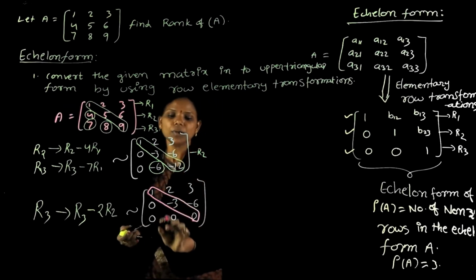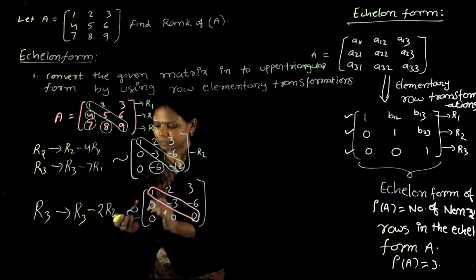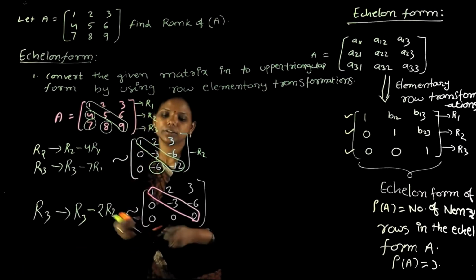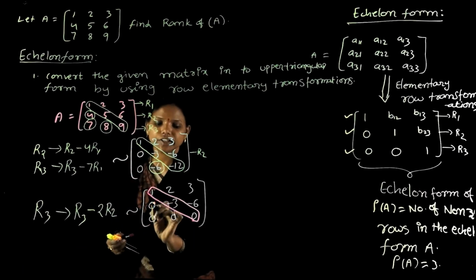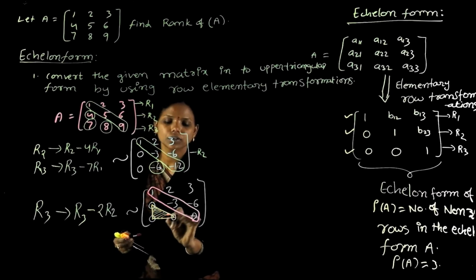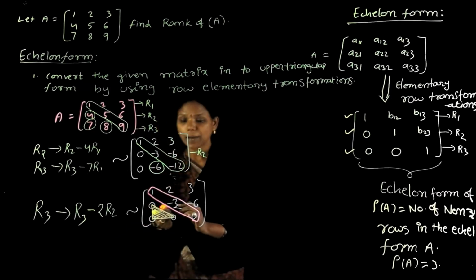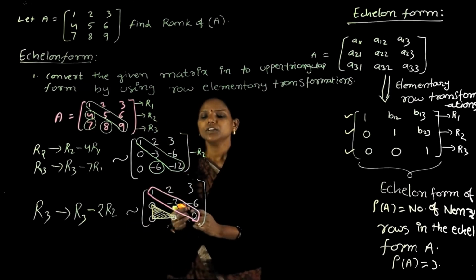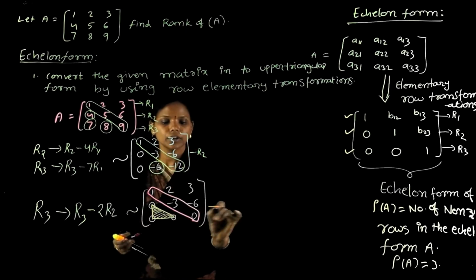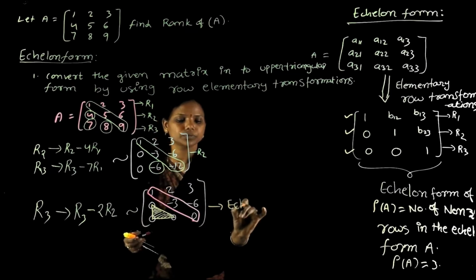So in this form, the elements below the principal diagonal are all zeros, no? For this, I will construct a triangle shape here. See. So we got an upper triangular matrix. Now it is in echelon form.